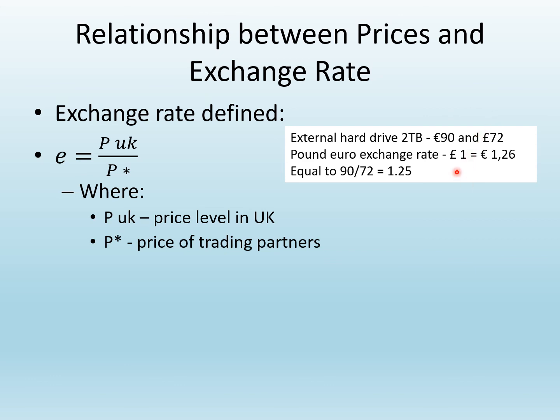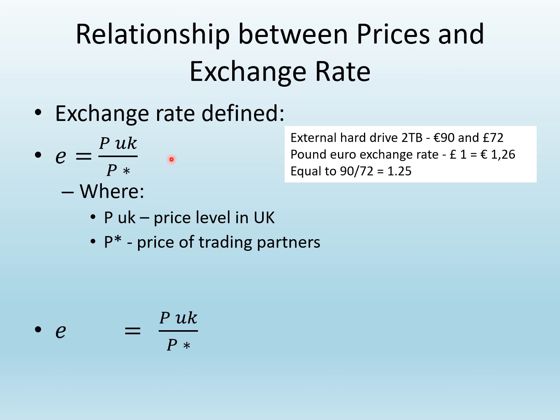At the time this was recorded, the exchange rate between the pound and the euro was £1 to 1.26 euros. If I take my 90 and my 72 and I divide them, I end up with 1.25. So you can see that the ratio of prices is very similar, 1.26, 1.25. There's really nothing in it. So the exchange rate is the ratio of prices.